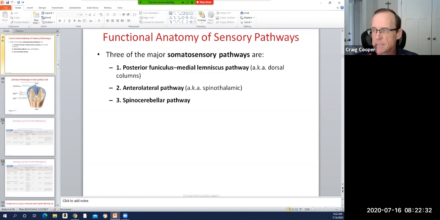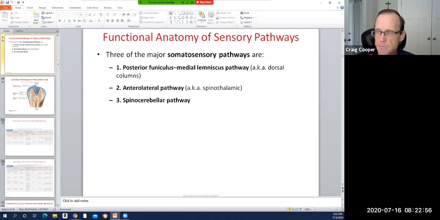The medial lemniscus refers to that same pathway, but just in a higher portion of the brain. I think it's more in the brain stem that they call that. Think of it kind of like a road that changes names when it crosses a certain boundary. It's the same pathway, it just has a little bit different name. And then the anterolateral pathways, he mentioned as the spinothalamic.